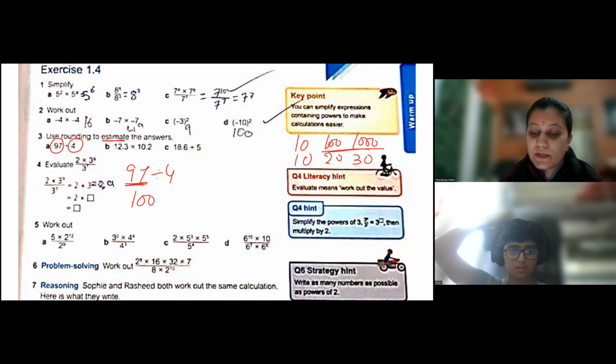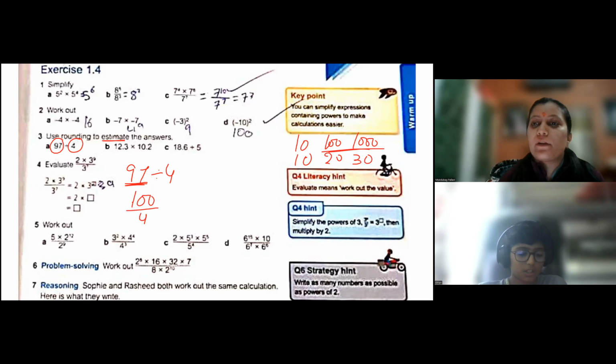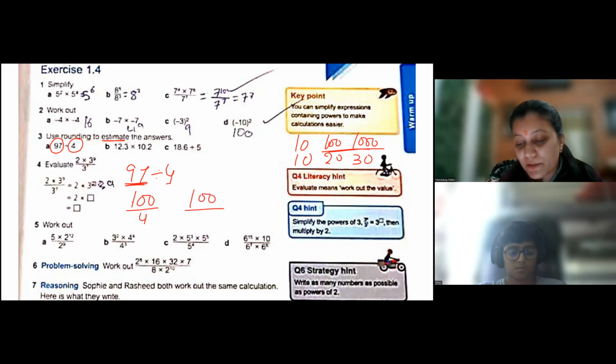So we can do 100 divided by 4, right? Or if you want to make your calculation easier, we can change this 4 also to 5, so that it becomes easy to solve. Why so?